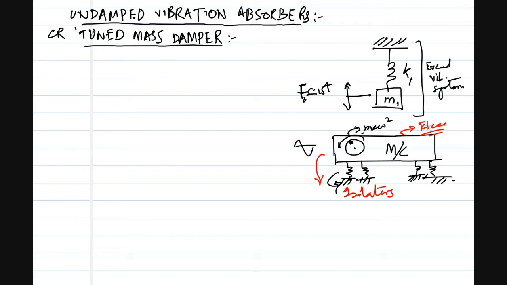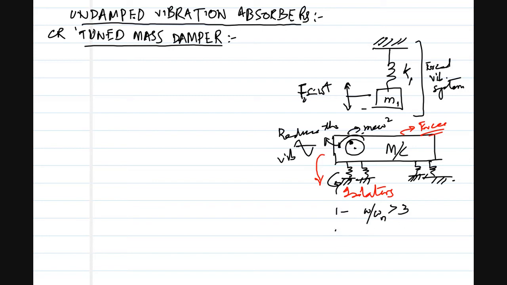So for that particular scenario, you actually want to reduce the vibration of the main mass as well. One way is to try to increase omega by omega n to greater than 3, so that you can reduce the vibration.